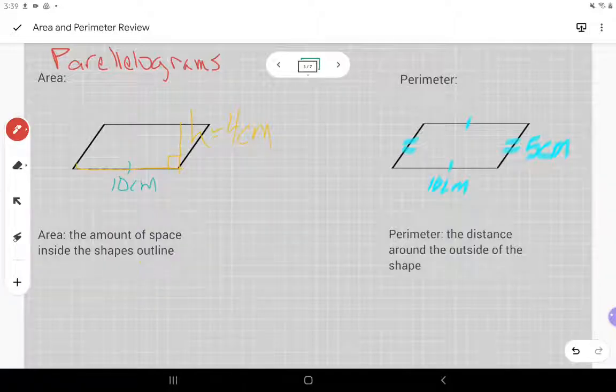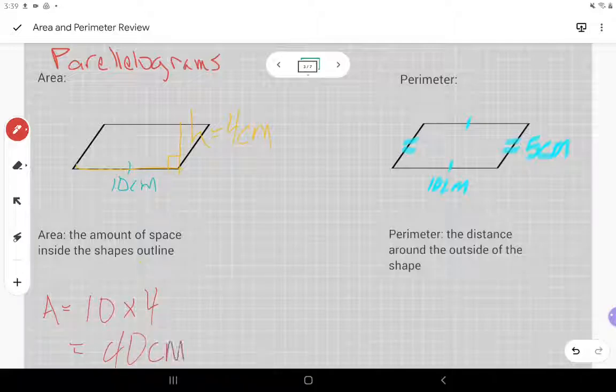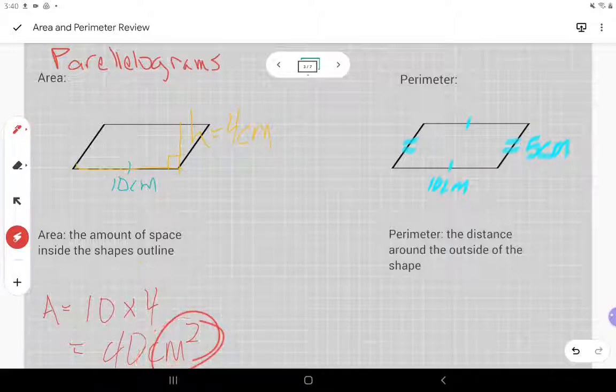Now in a parallelogram, we refer to these things as the base and the height. The base being 10, the height being 4, and 10 times 4 gives us 40 centimeters squared. Okay, area always having that centimeter squared because that's referring to one little square being full, and in total there are 40 squares on the inside of this shape.